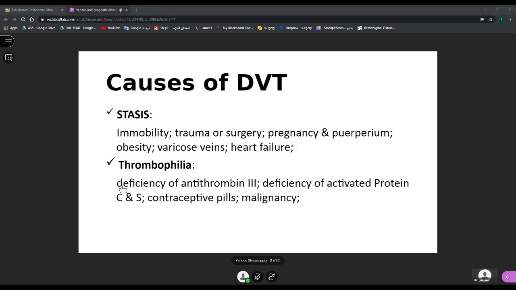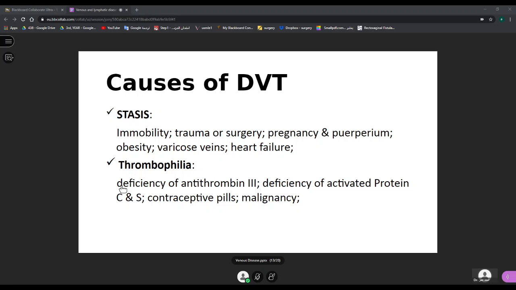And this stasis can result into thrombosis. Is that clear? Yes, clear. Thank you. Not only pregnancy. If you have, for example, a tumor in the pelvis, it can also result into obstruction or disturbance of the normal blood flow from the lower limbs toward the heart.